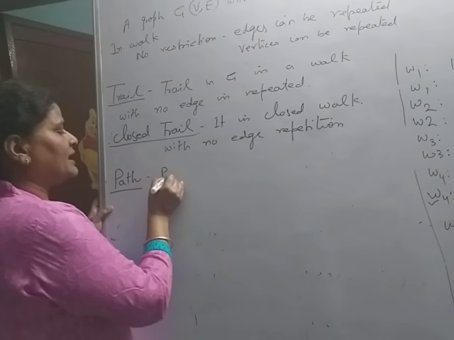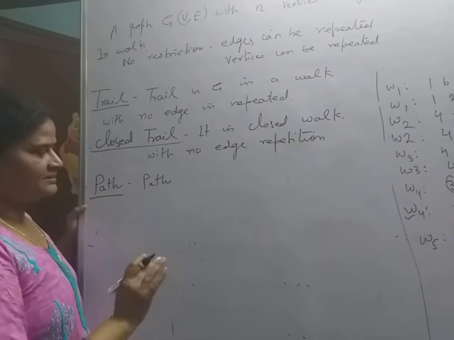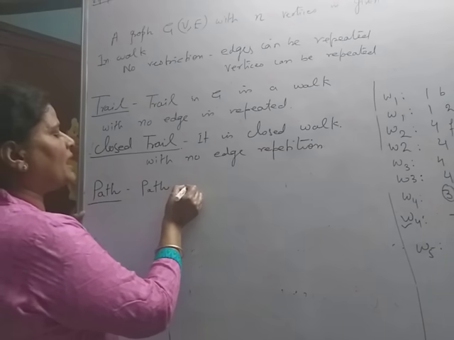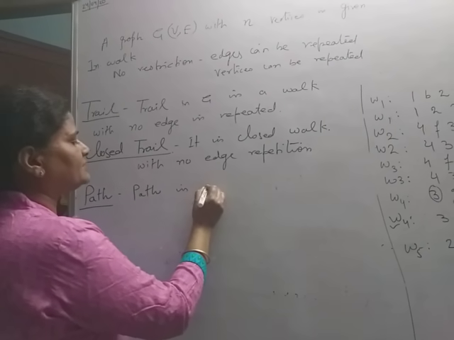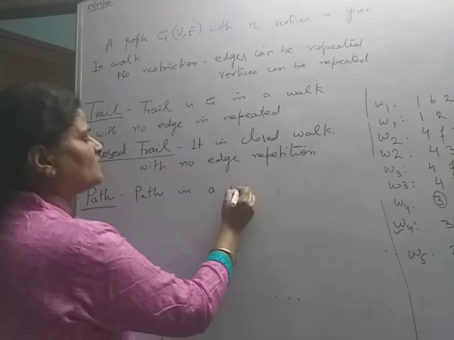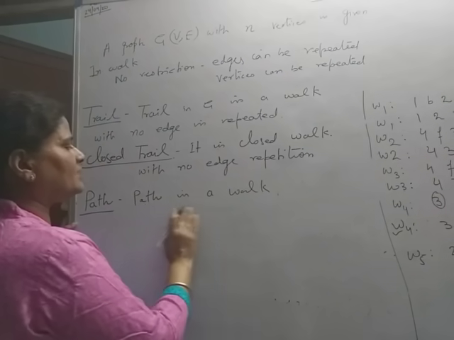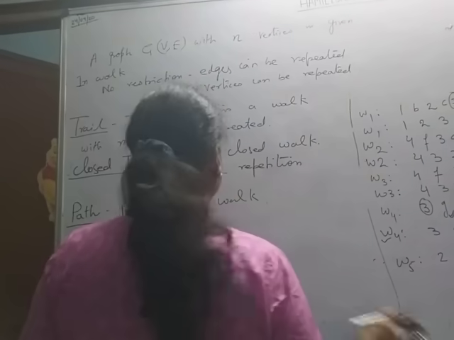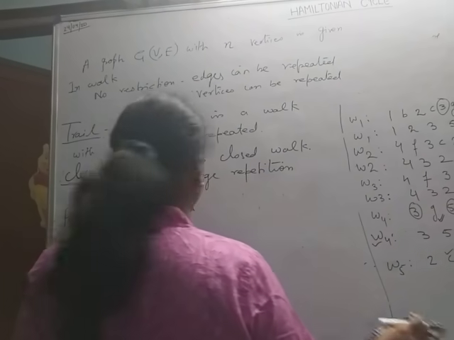Path, again there is a restriction on path. Path is a trail. Path is a walk. You can say path is a trail, in the same way.